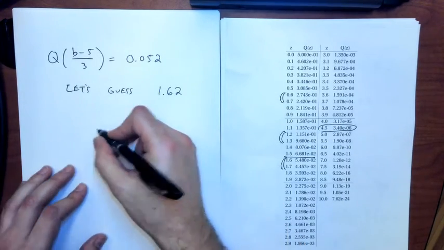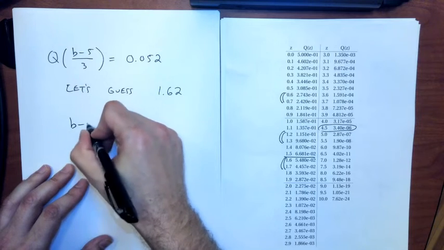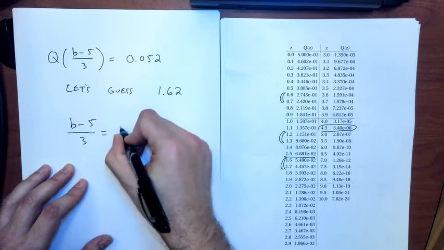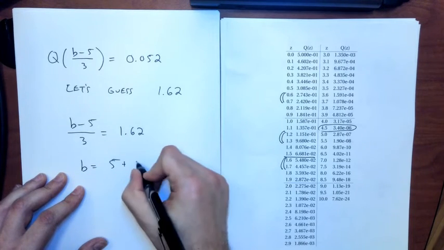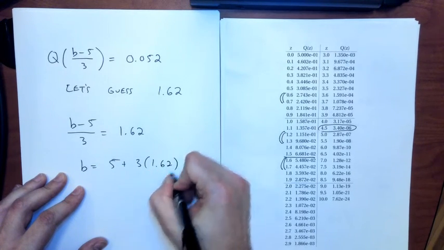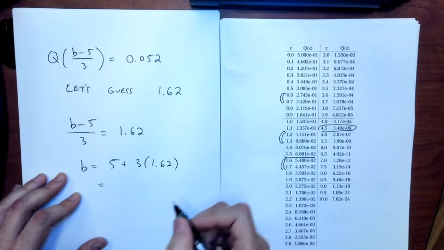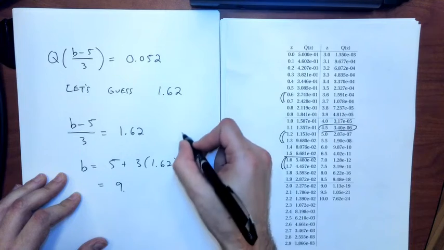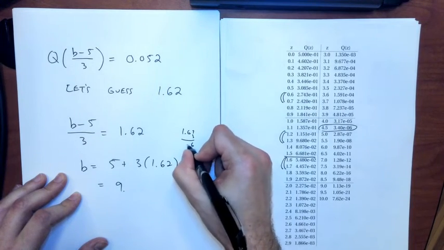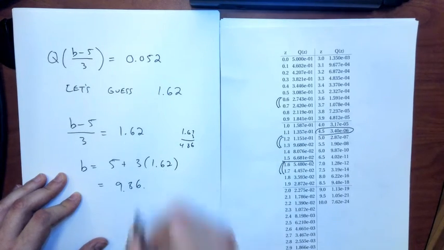And then that would mean that (b minus 5) over 3 would be equal to 1.62. So my b would equal 5 plus 3 times 1.62, which is 9.86, okay?